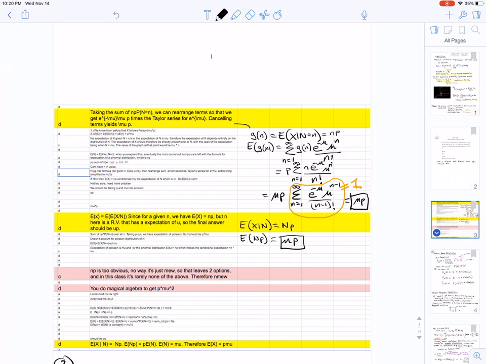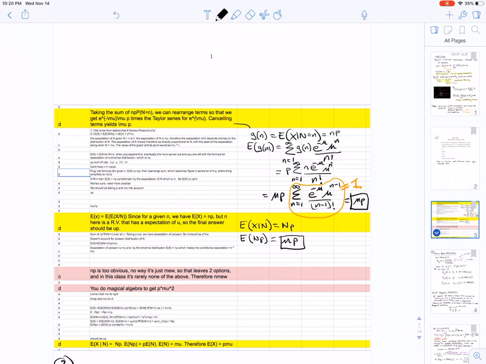So the expectation of that function, the way you find the expectation of a function, is you sum over all the values of n, and then you're weighing that function g of n by the probability that N is n for all the different values of n. So I use here the probability distribution for Poisson, and so g of n is np, so I pull out a p, and the n in the numerator cancels one of the n's in the denominator.